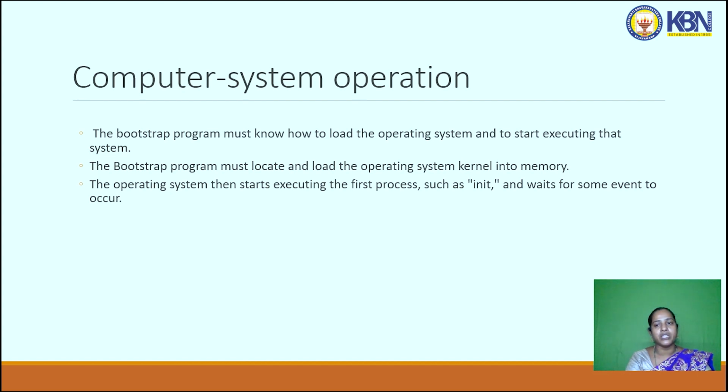The bootstrap program must know how to load the operating system and how to start the execution of the system. The bootstrap program must locate and load the operating system kernel into memory. The operating system then executes the first process, such as init, and waits for some event to occur.